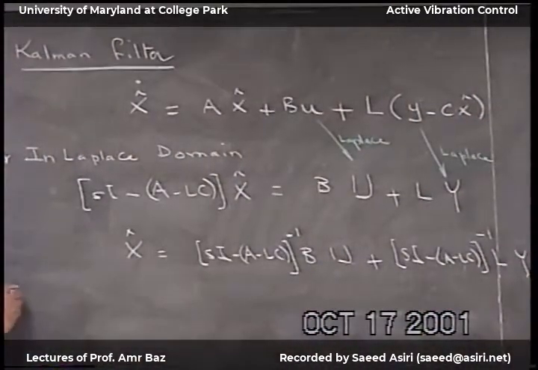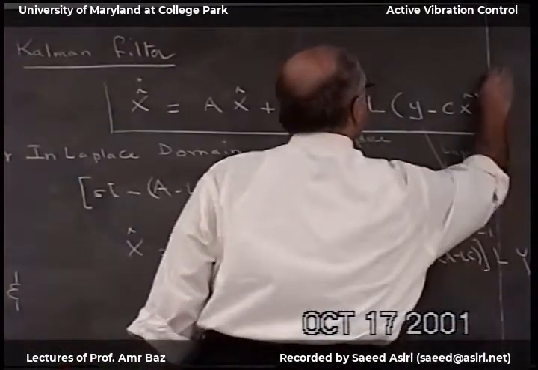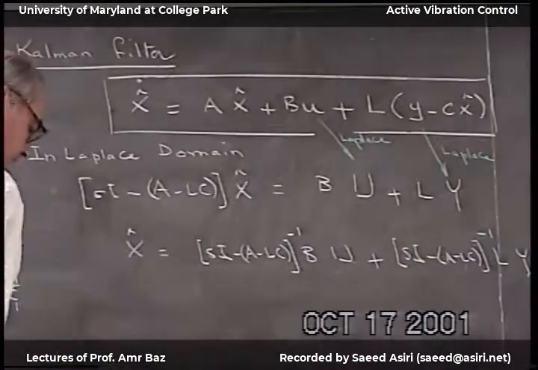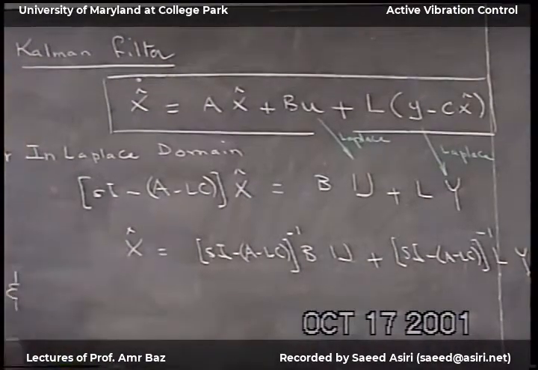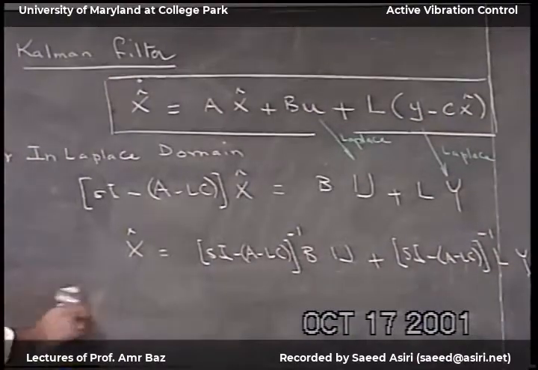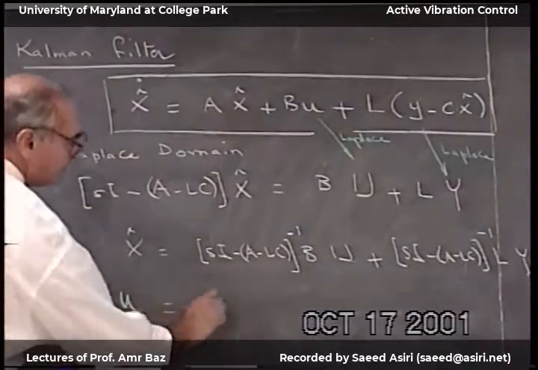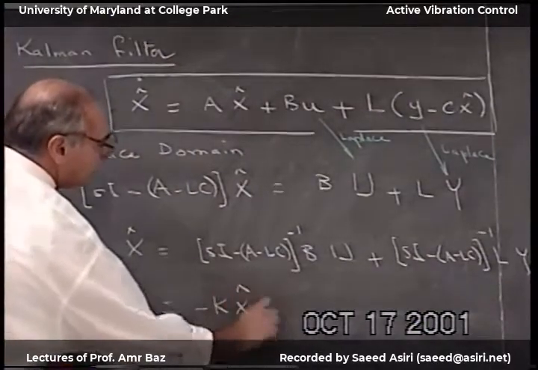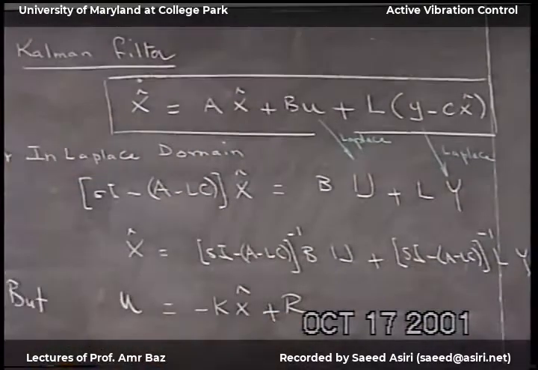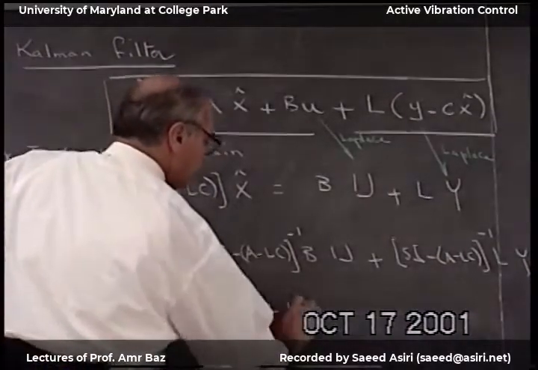And we have the control law equal to minus K X hat plus some reference, we call it small r.